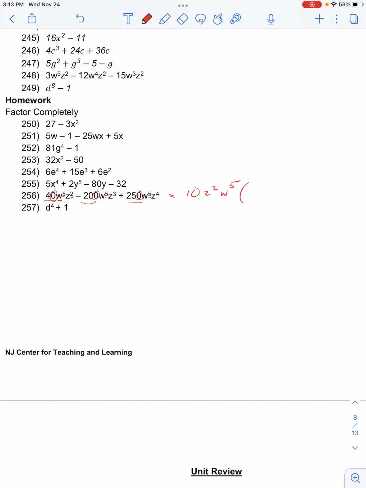Then I would have a 4 left over minus, if I pulled out a 10, that would be 20. W is gone. I have just a z left. Then I have plus 25. W is gone. Z squared is pulled out. I have a z squared left.